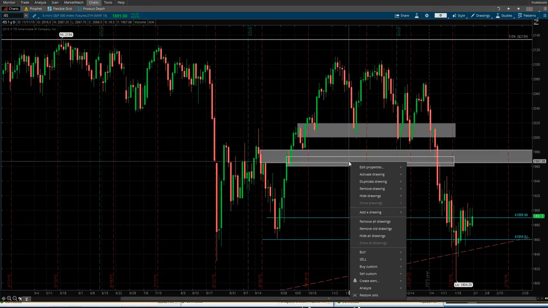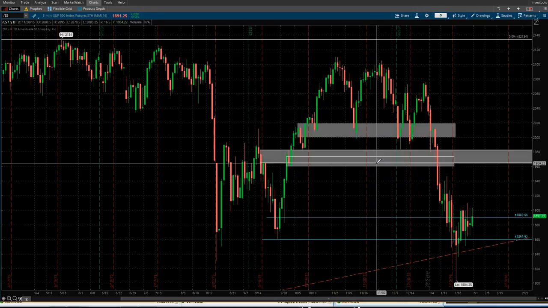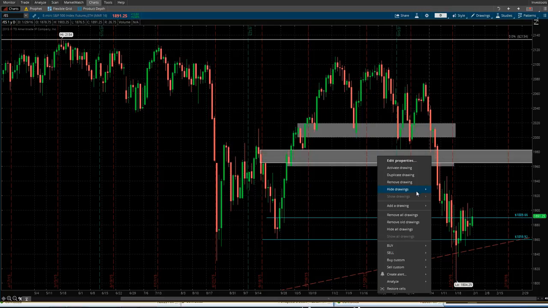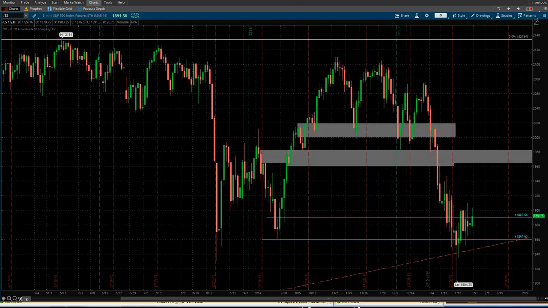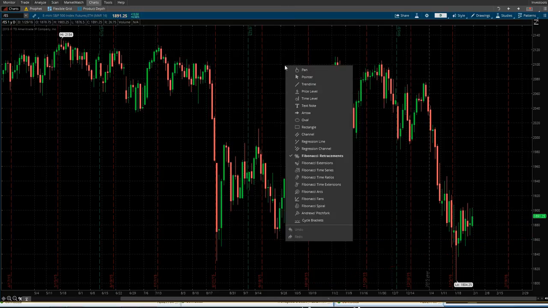This would be probably the, let me remove this drawing here. Remove a couple of drawings. Actually, I'll just remove all of them. So we got nice and fresh.